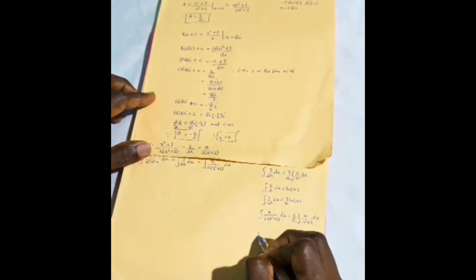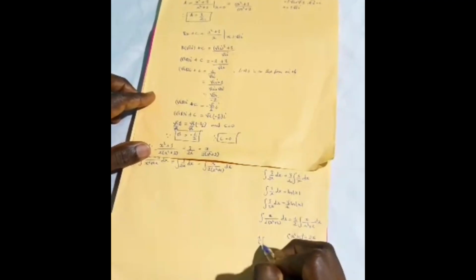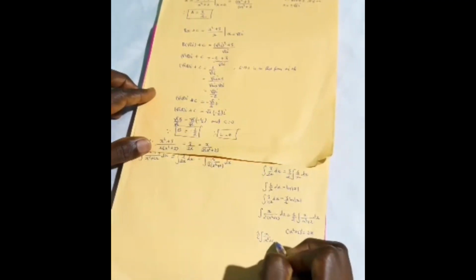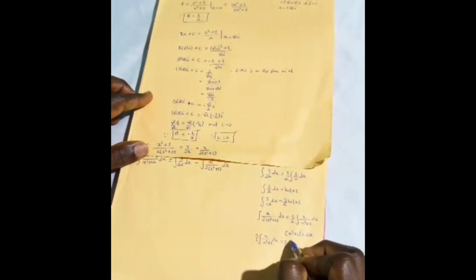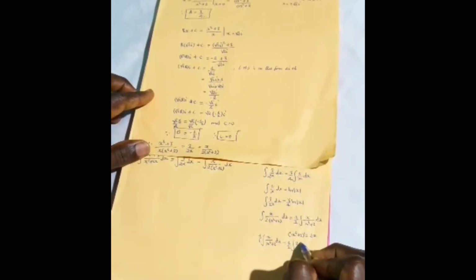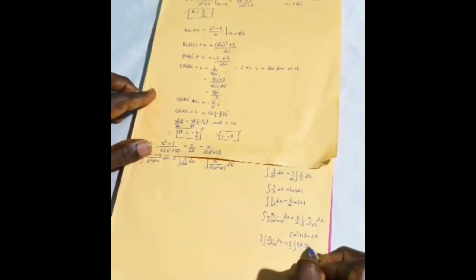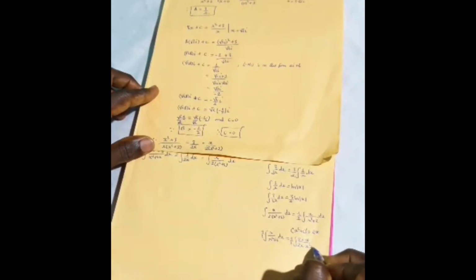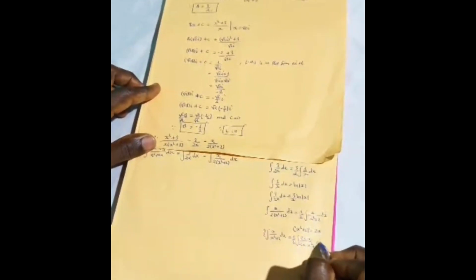So we have that half the integral of x divided by x squared plus 2 dx is equal to half the integral of 2 times x divided by 2 times x squared plus 2 dx.